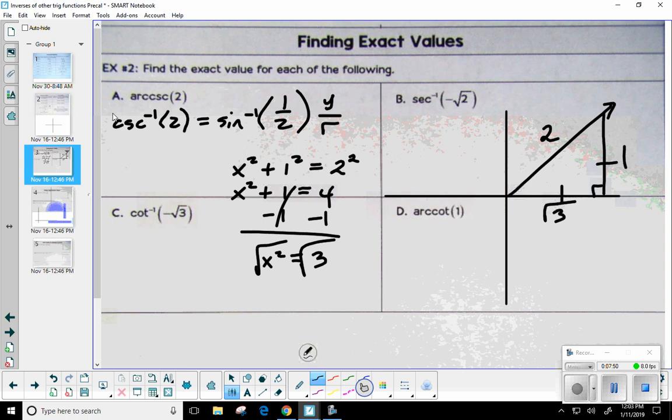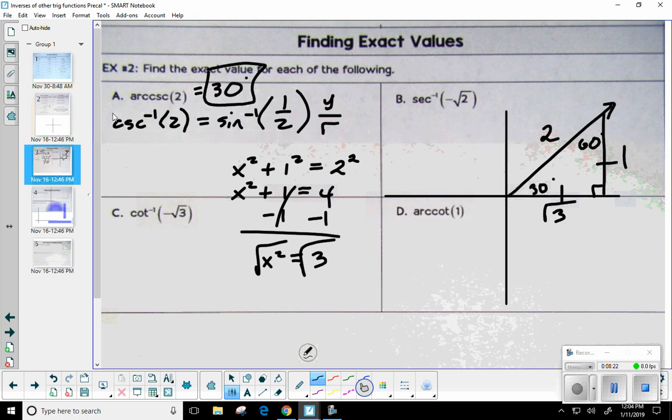What's the relationship between the shortest side and the hypotenuse? The hypotenuse should always be double the shorter side. And the longer leg should be the shorter times the square root of 3. And we know 30 is always across from the shortest. That would have to be 60. So what's the angle I'm looking for? 30 degrees. So arc cosecant of 2 should be 30 degrees.